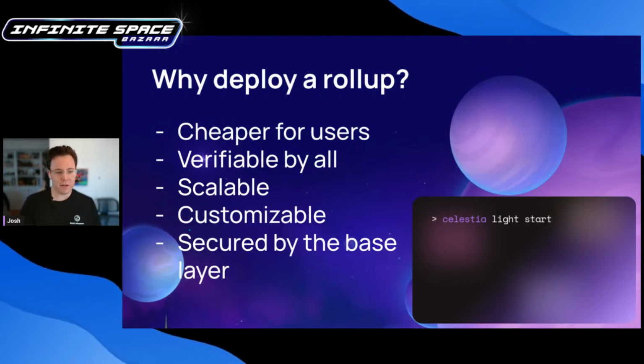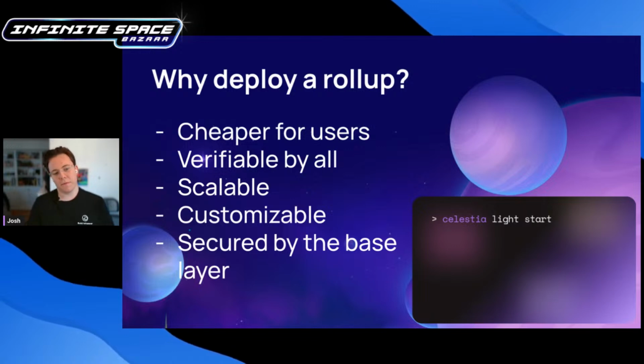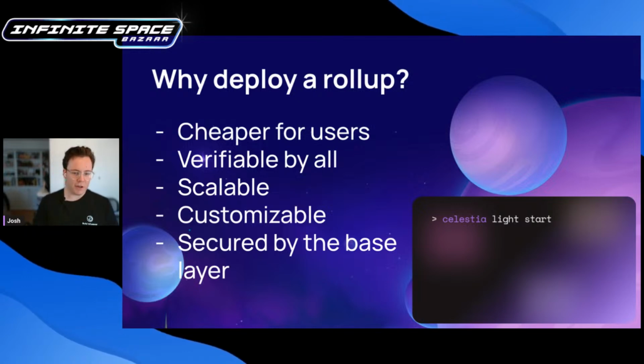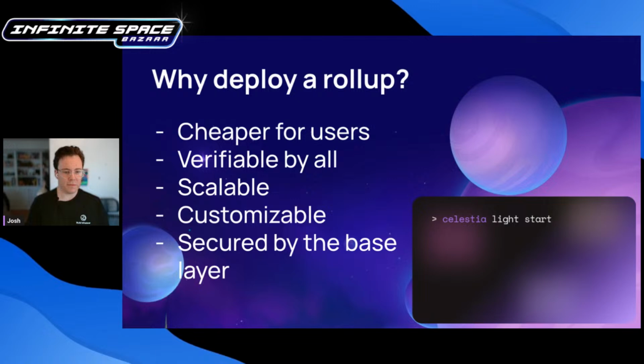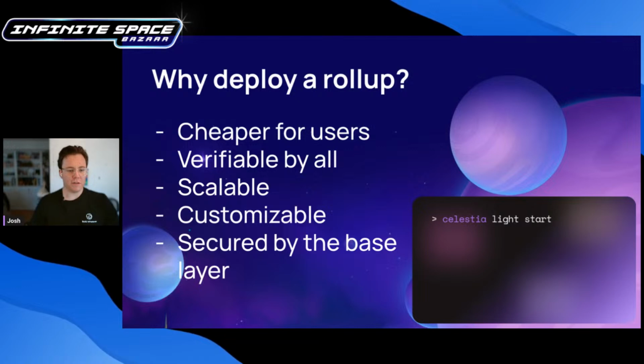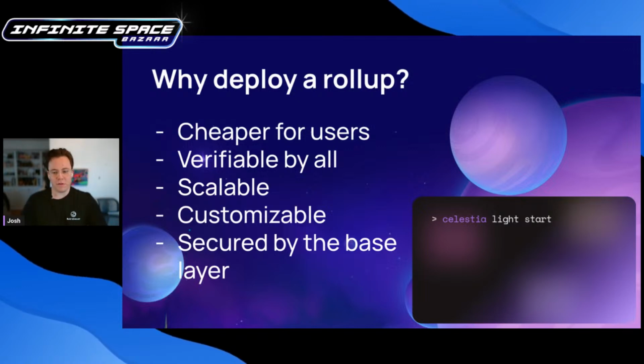The third part here is that rollups are customizable. We're not going to get too much into it in this workshop, but one of the best things about rollups is that you can add different precompiles and basically customizations in the way that the chain you're running on top of whatever the base layer is works better for your use case.